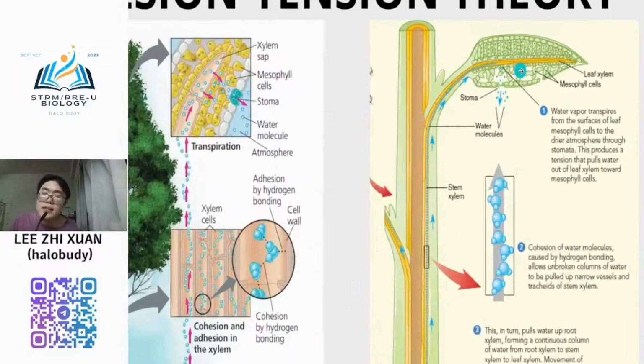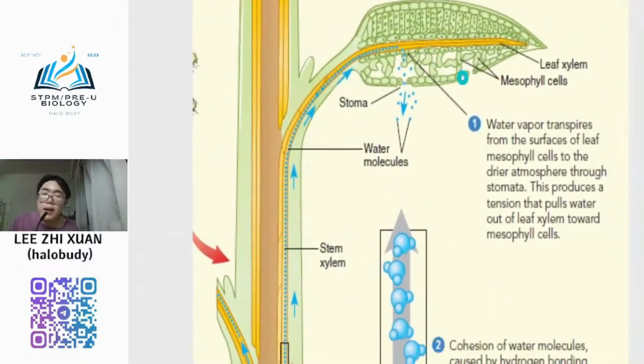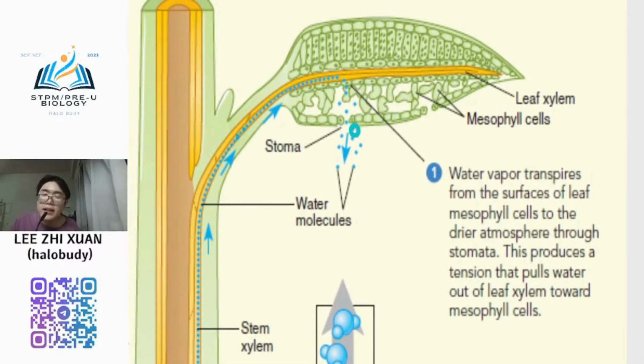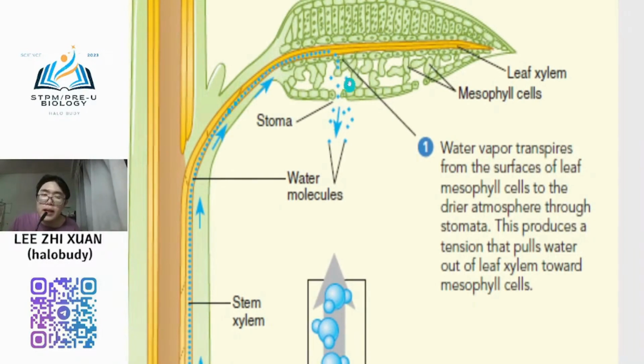So you see this diagram. Normally, during a sunny day, the water molecules inside the leaf will be evaporated out of the leaf because your stomata is open. Why is the stomata open?